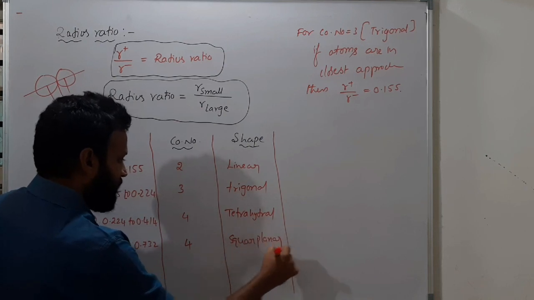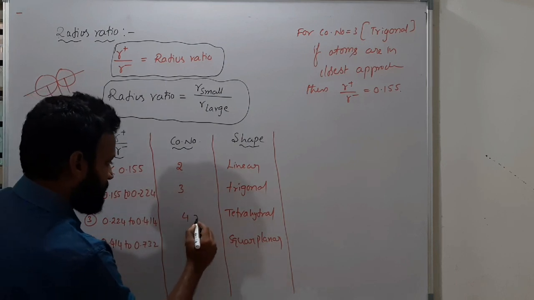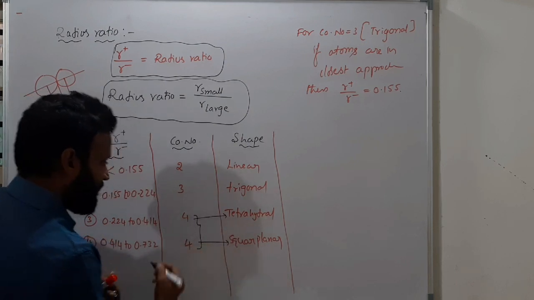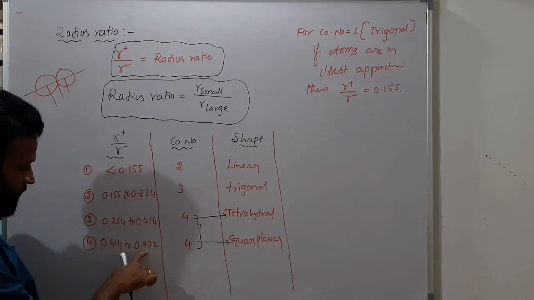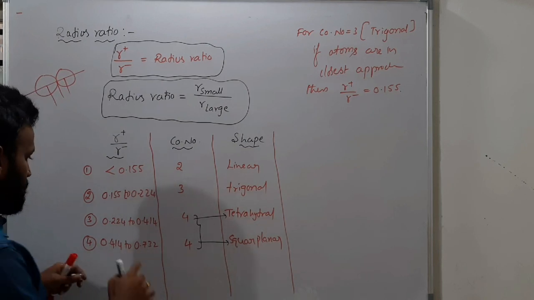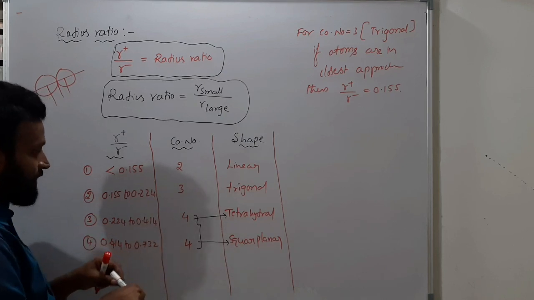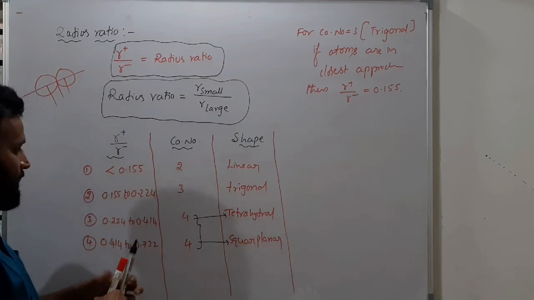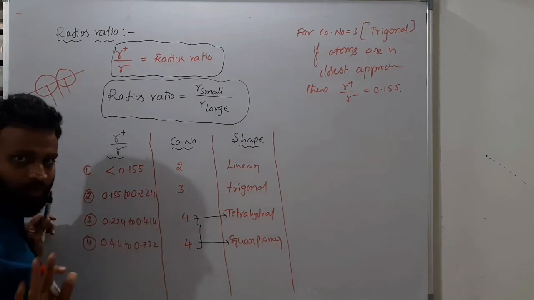So two coordination numbers exist with different shapes. For this one and this one, the radius ratio is different. Even when the radius ratio is 0.414 to 0.732, you have a square planar here, while 0.224 to 0.414 is tetrahedral, coordination number 4. Both exist, they will mention it, you have no need to worry.